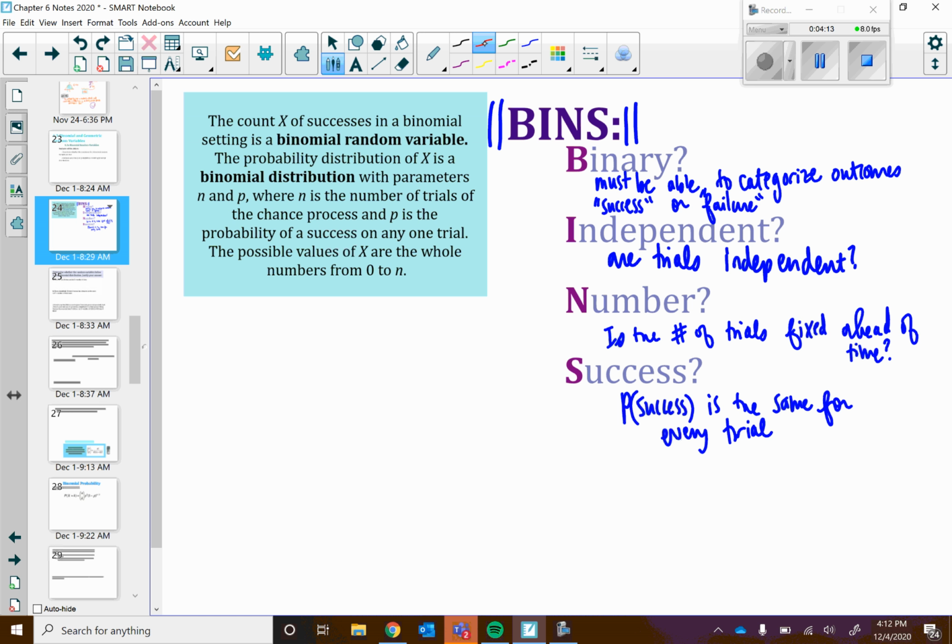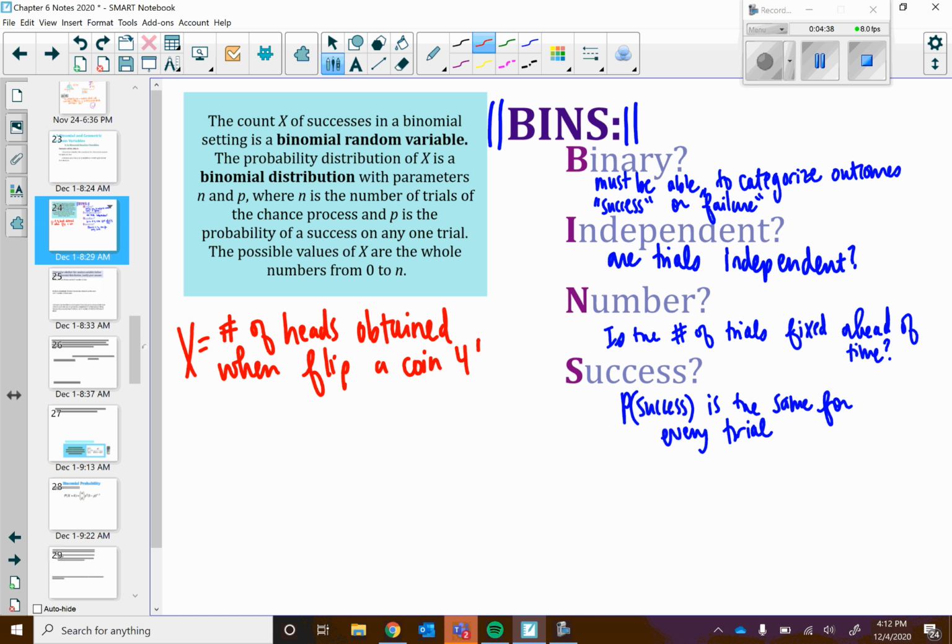Going back to this definition, let me give you an example. Let X be equal to the number of heads obtained when I flip a coin, we'll say 4 times. So let's think about this.